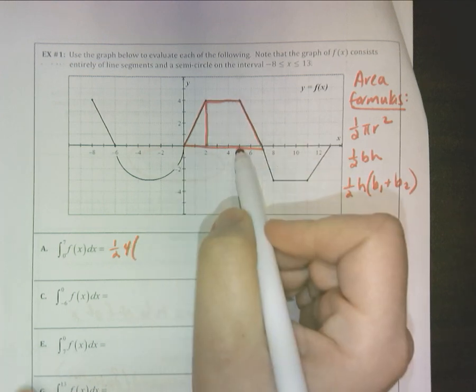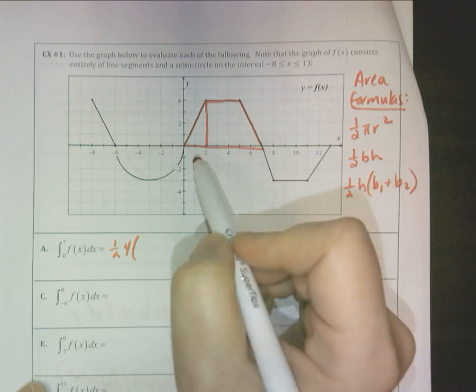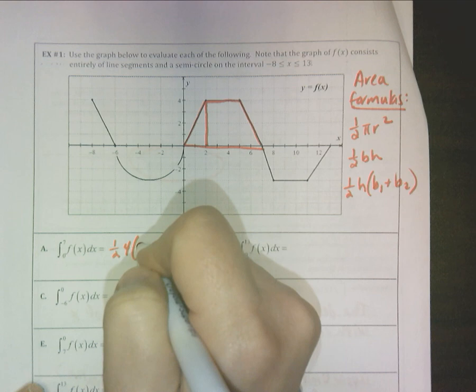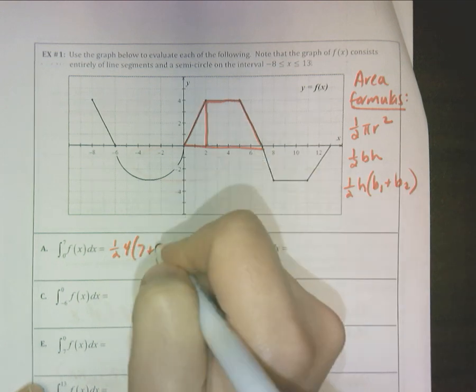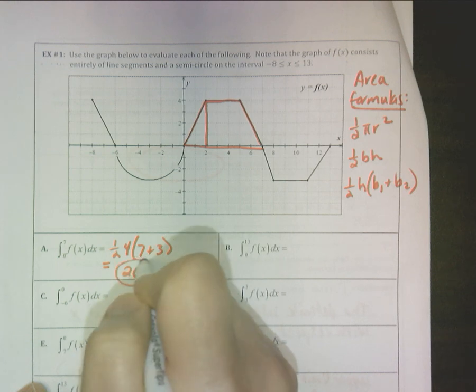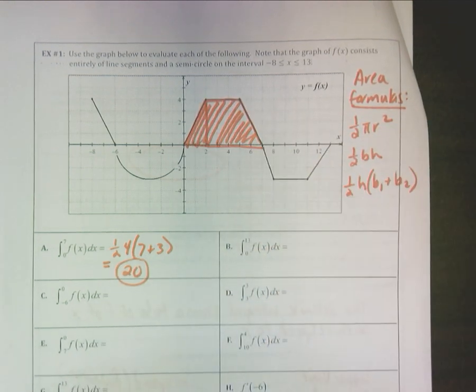Those are your parallel sides. So base 1 would be 7 plus base 2 up here would be 3. So that has an area of 20. So all of this right here has an area of 20.